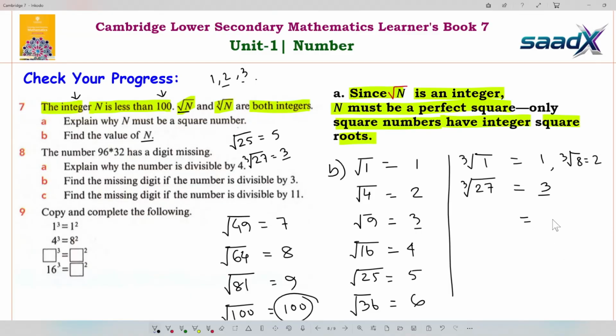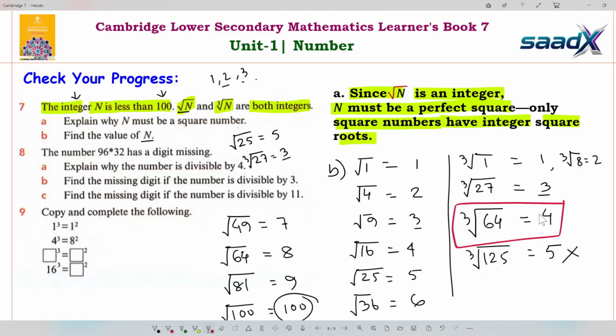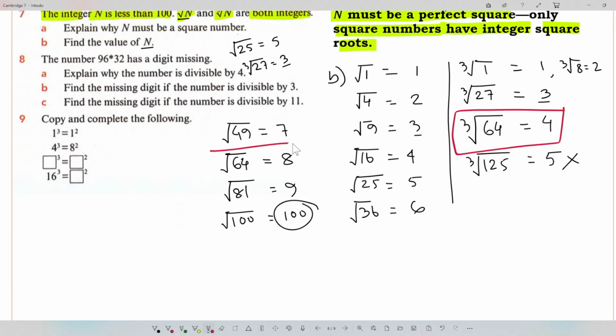Here, look, if you get 4, it will be the cubic root of 64. And if we want 5, it will be the cubic root of 125, but it's not acceptable because it's higher than 100. So we have to find this one, the lesser one, root 64.